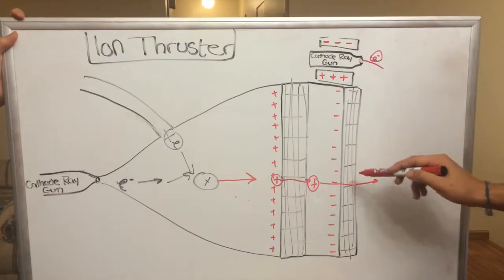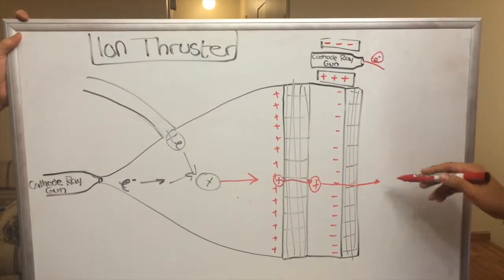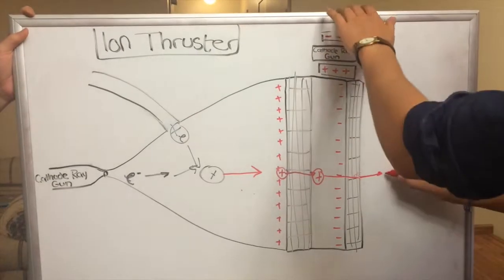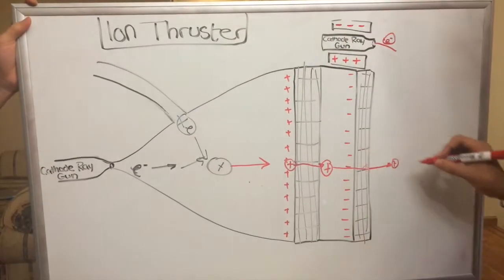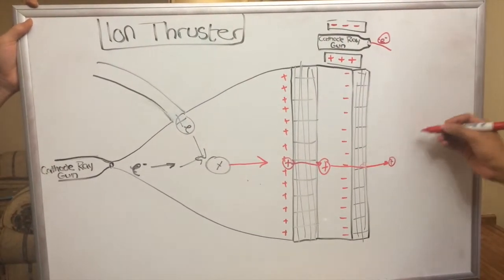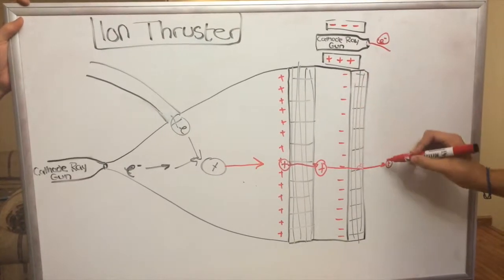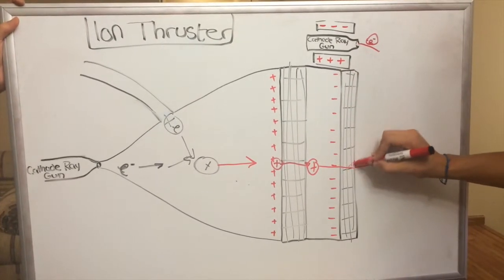So now this particle comes out of the ion thruster, and this is a positive charged particle, and we don't want this particle to go back because these plates are negative charge, so it will do this.